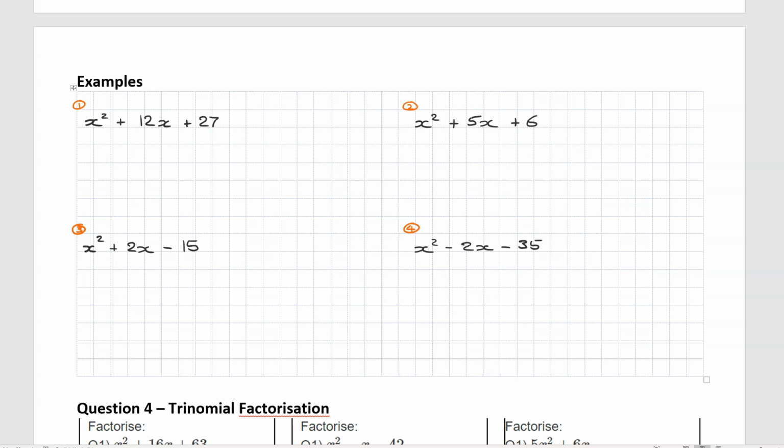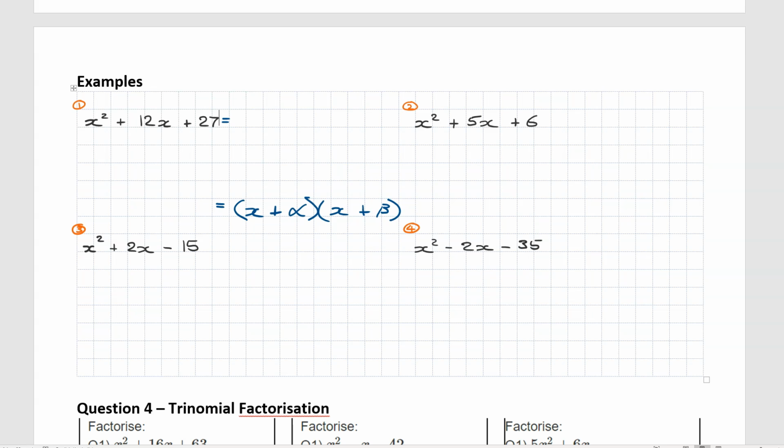So we've got this x squared plus 12x plus 27. The way in which we factorize it is we're going to get something of the form x plus a number, and we'll call it alpha, times x plus a number, and we'll call it beta, like so.